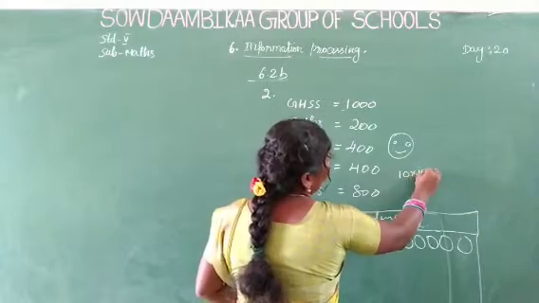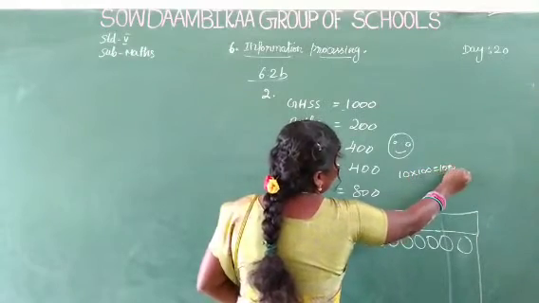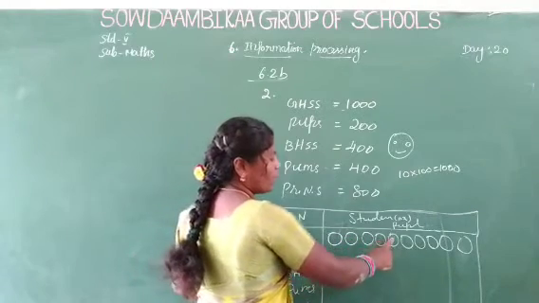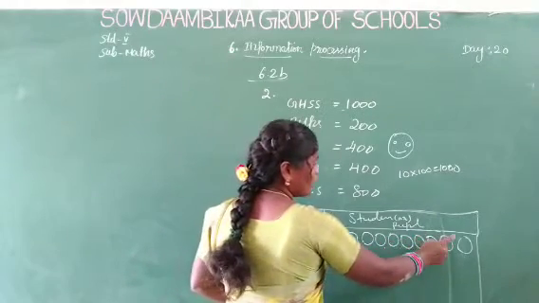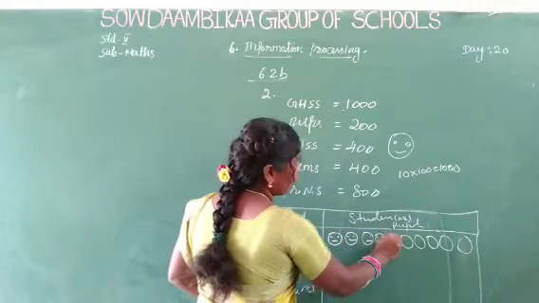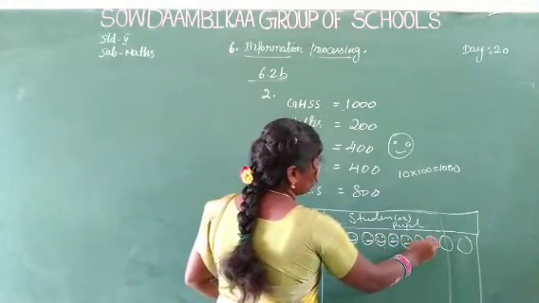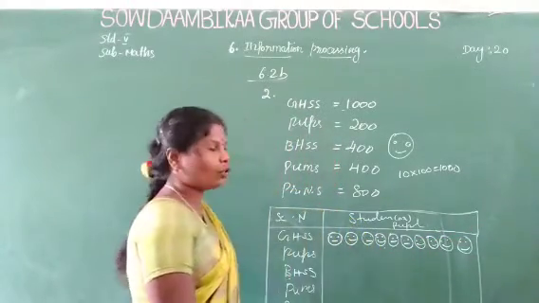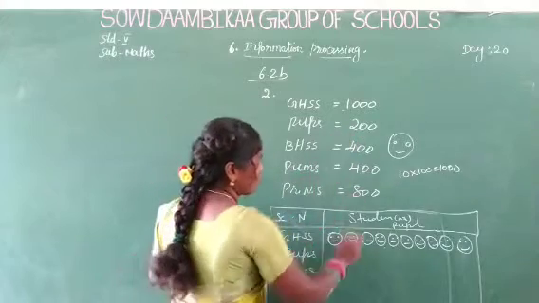10 hundreds are 1000. 100, 200, 300, 400, 500, 600, 700, 800, 900, 1000. Okay, this is a pictograph. Representing the data in pictures is called a pictograph. Next, PUPS 200, so only two diagrams.